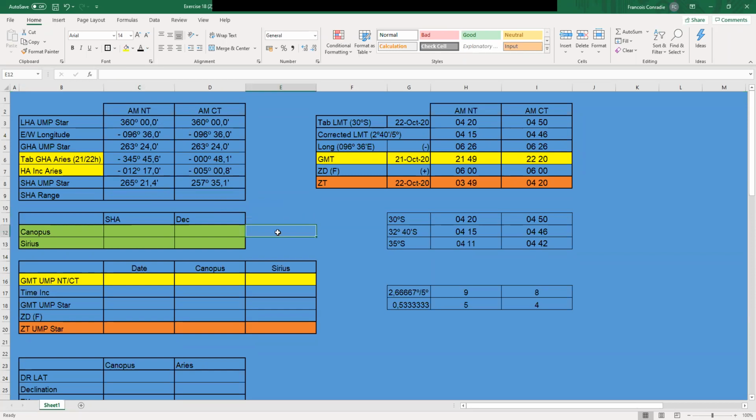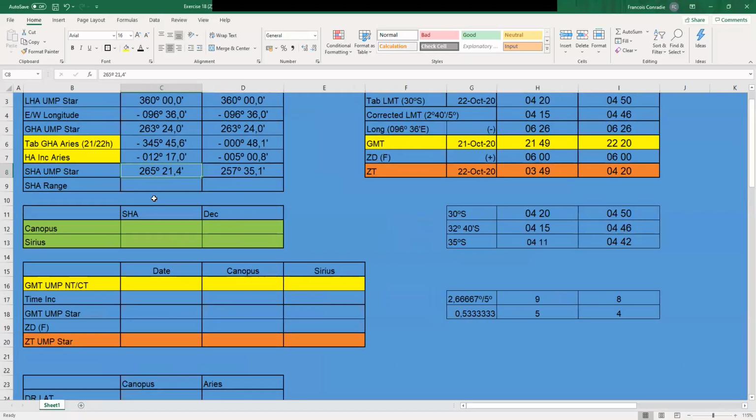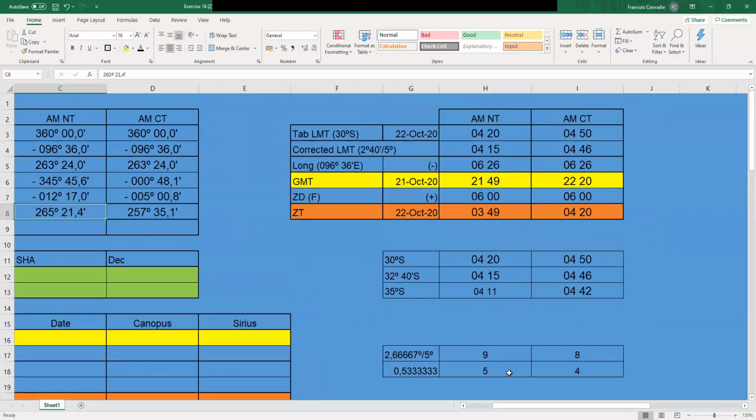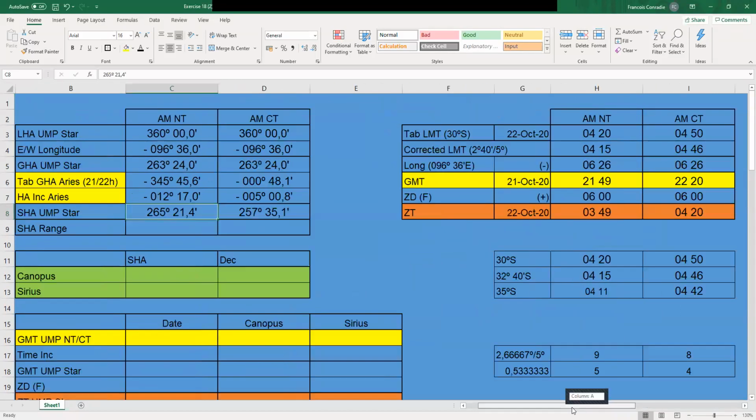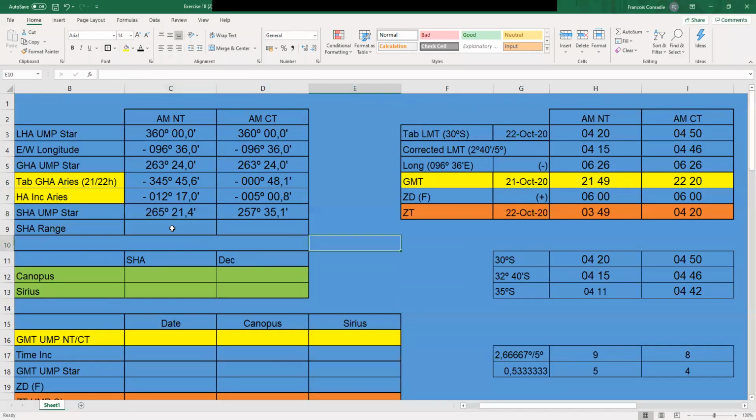Right, so you subtract that, then for nautical, you're going to get 265, 21.4. And for civil, we're going to get 257, 35.1.